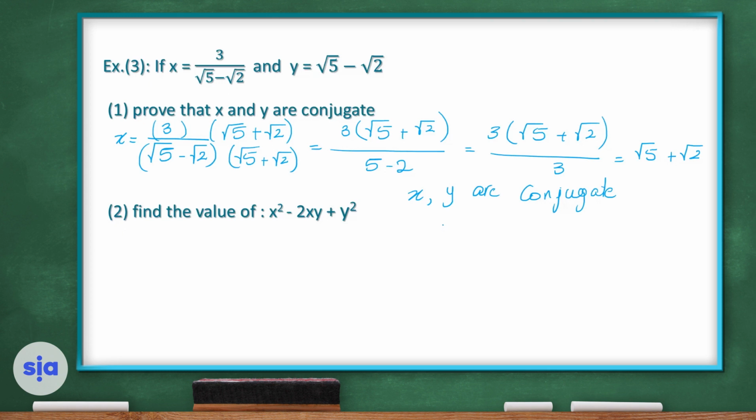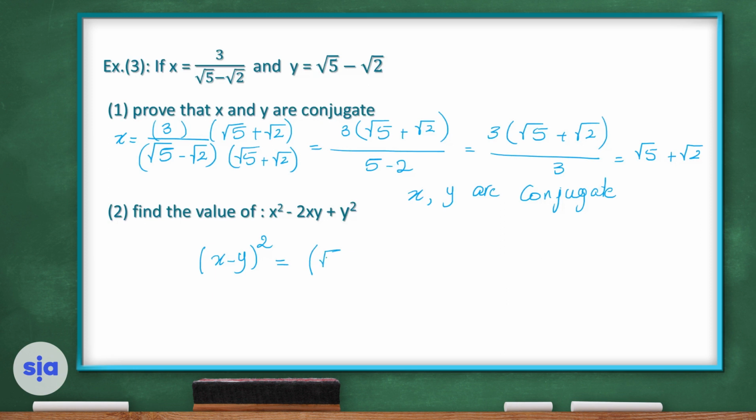The second part, the question wants me to find the value of x squared minus 2xy plus y squared. As you can see here, x squared minus 2xy plus y squared is the expanded form of x minus y all squared. So let's find x minus y all squared.